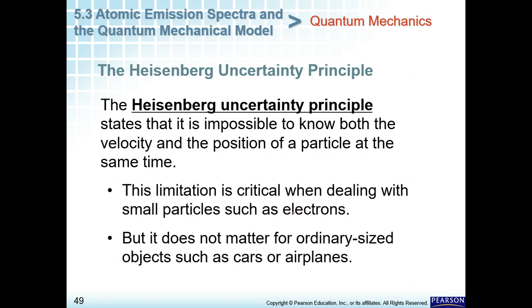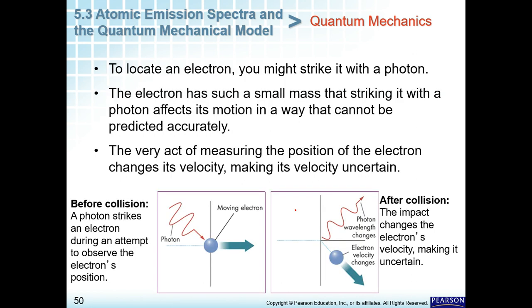Now, why, if you are smaller than an electron, does this uncertainty principle come into play? Again, it has to do with the size. To even locate an electron, we have to strike it with a photon. Remember, a photon is light energy.